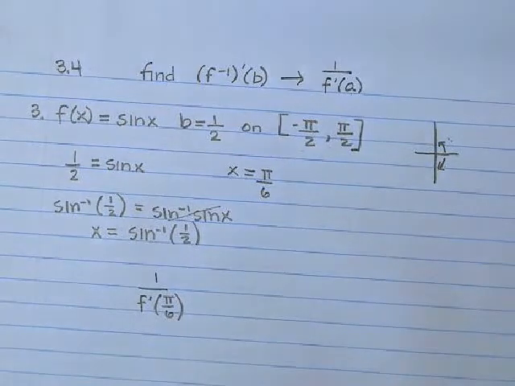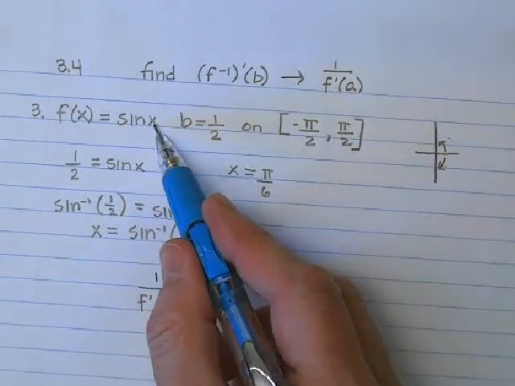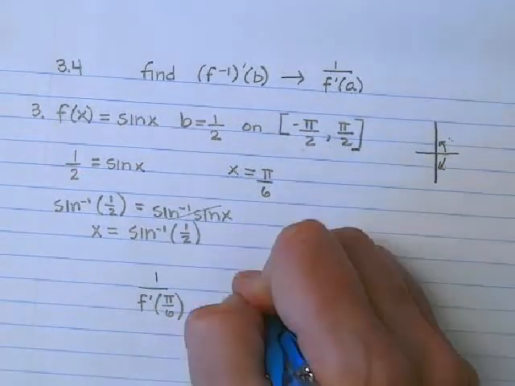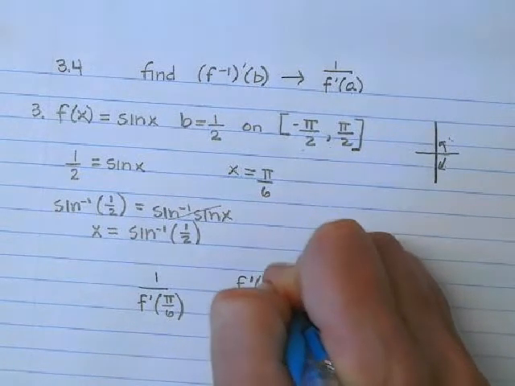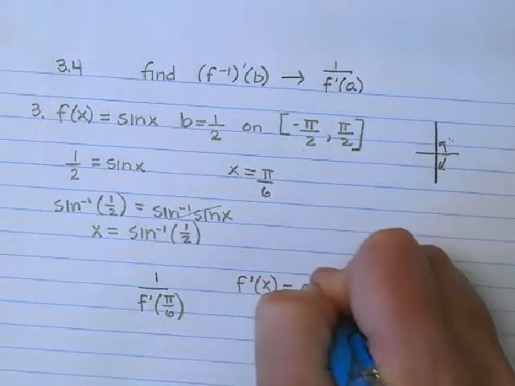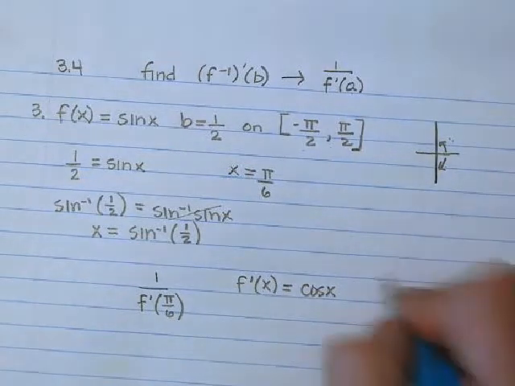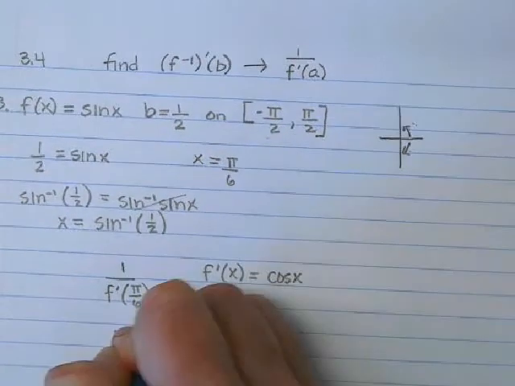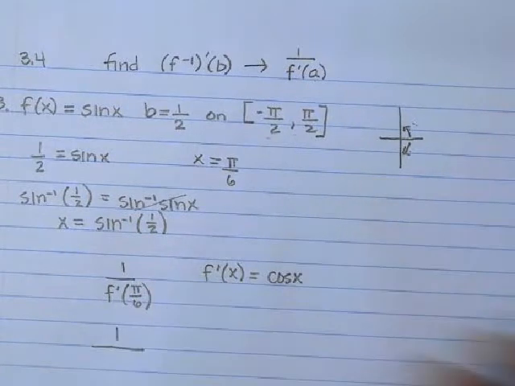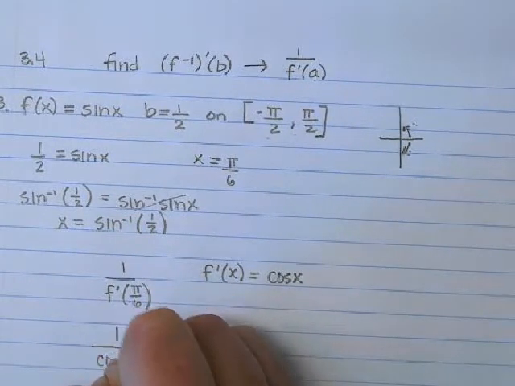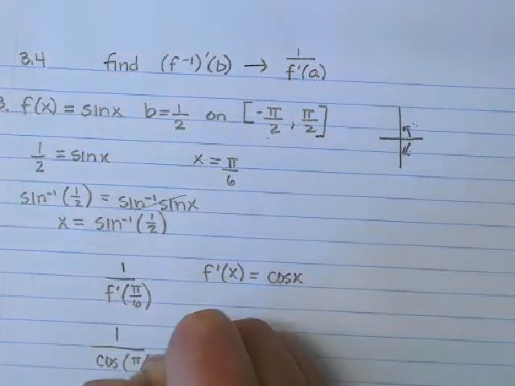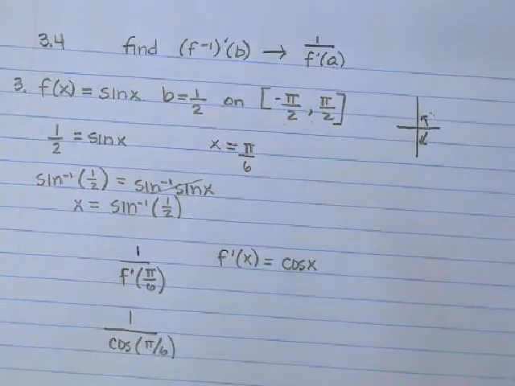Okay, so let's see, f prime, the derivative of sine of x is cosine x. So we want to find 1 over cosine of pi over 6.